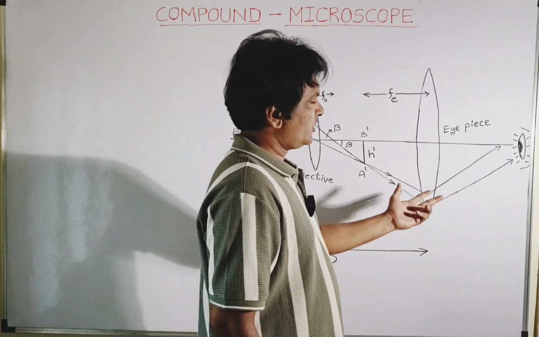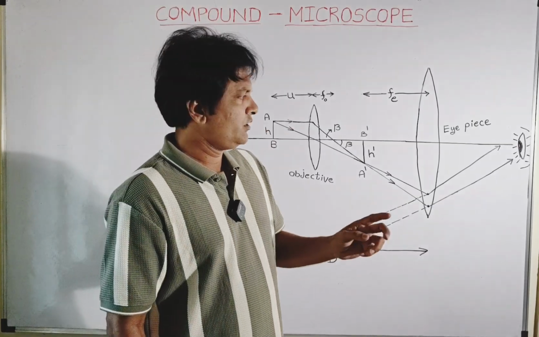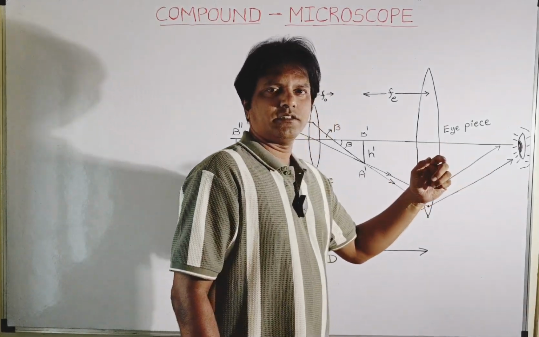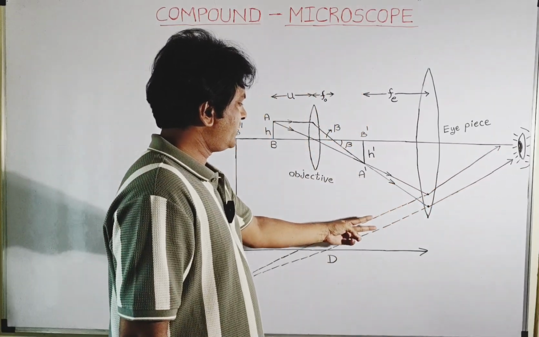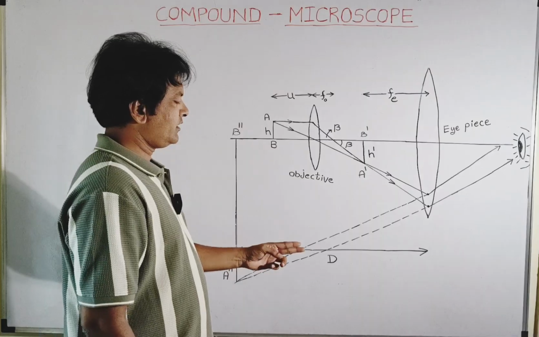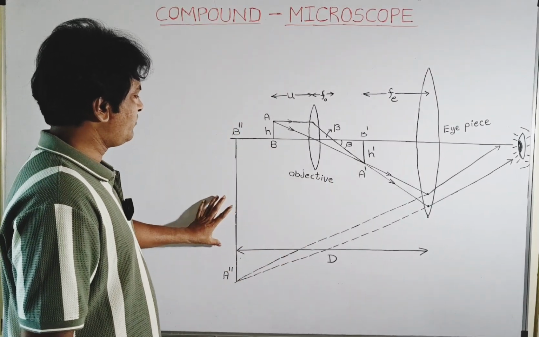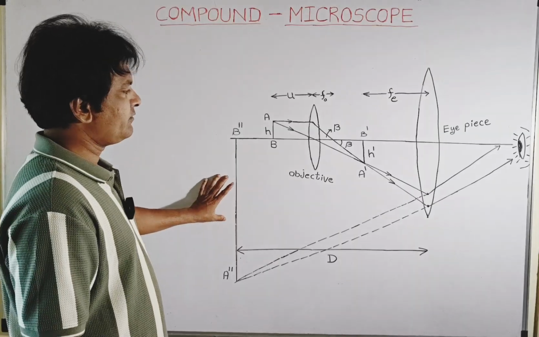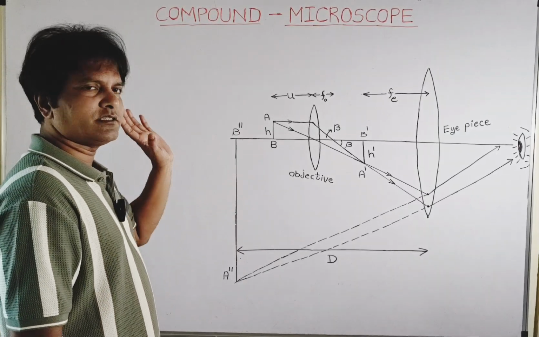To form a real image we need a converging point of two light rays. So these diverging rays appear to converge at a point on the other side of the lens. That's why the final image, A double dash B double dash, is a virtual, inverted, very largely magnified image.